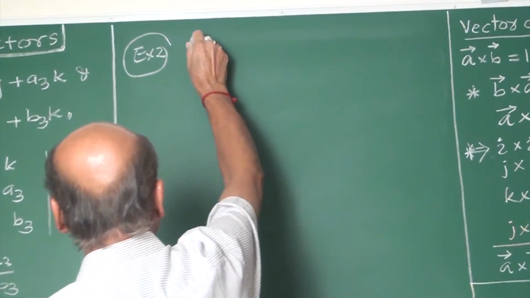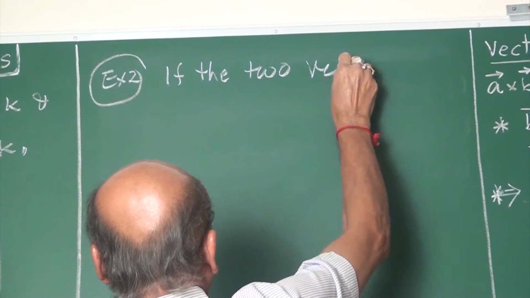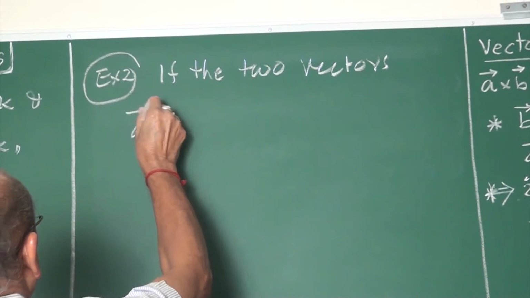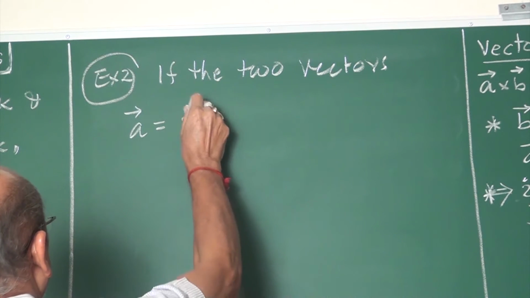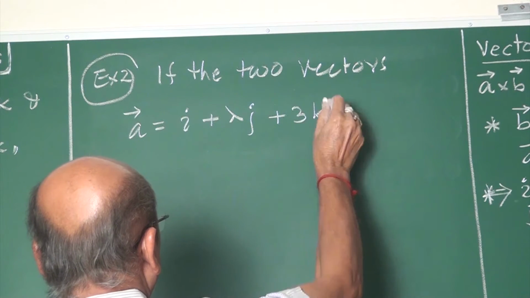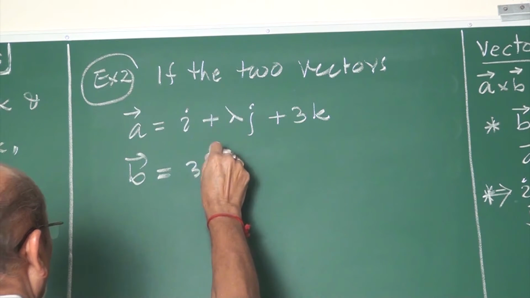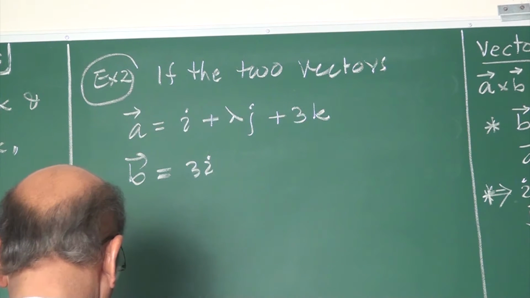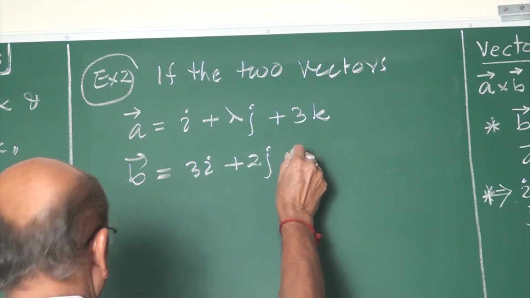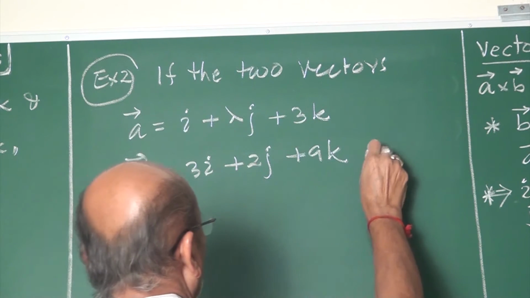If the two vectors A equal to i plus lambda j plus 3k, vector B equal to 3i plus 2j plus 9k are parallel.